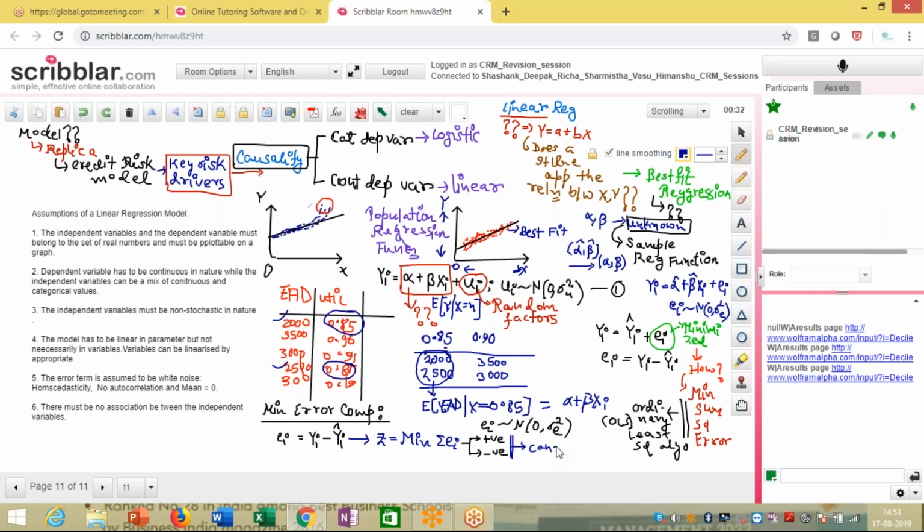So your objective function Z may be 0, but the actual errors would be very high.